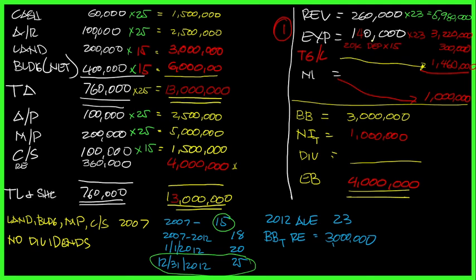Assumption lang yan. So, this one, since it's monetary average, 23. Okay. What about this depreciation? Historical, which is 15. Ayan. So, nakalagay naman dun building, land, mortgage payable, and CS all happened in 2007.